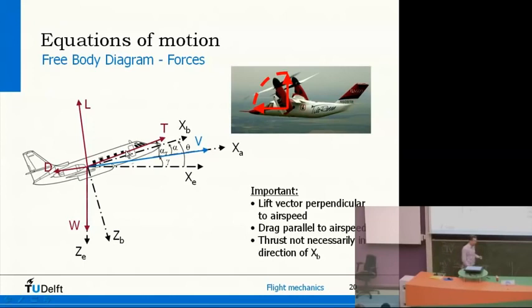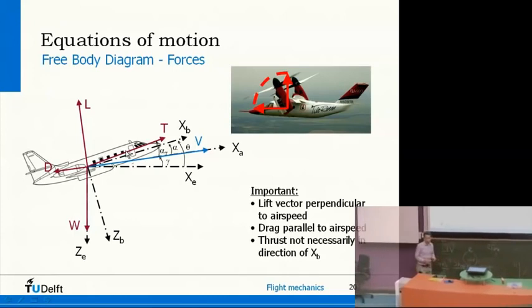Now let's start writing down the equations of motion. So we're going to sum all the forces in two directions. Of course, a plane can move in two directions, or in two dimensions. So we're going to sum all the forces parallel to the airspeed vector.